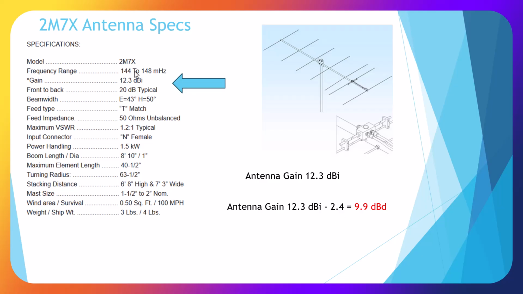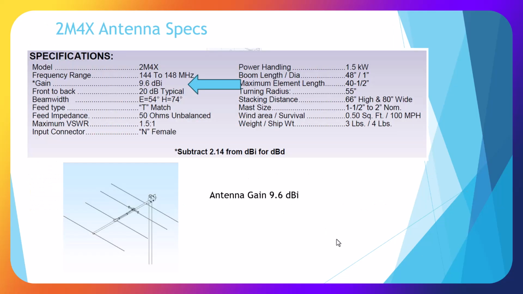And we need to double check our frequency, and it's 144 to 141 megahertz. Okay, here's our receiving antenna, and we're looking at 9.6 dBi. And it's already in dBi, so that works for us.